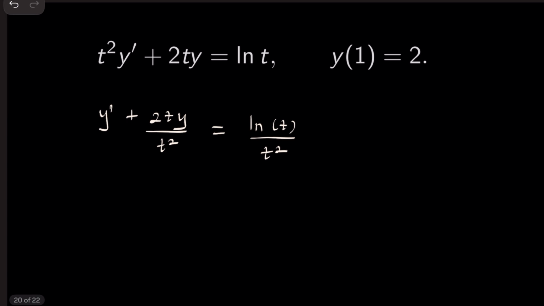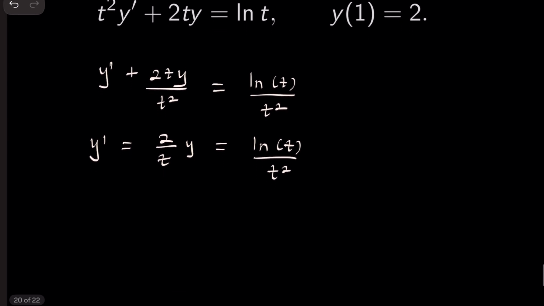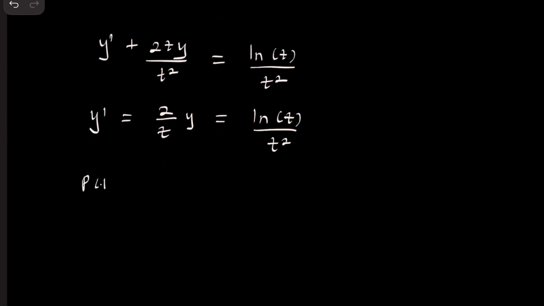So we can simplify this to get y' + (2/t)y = ln t/t². And so we have p(t) equal to 2/t and g(t) equal to ln t/t².